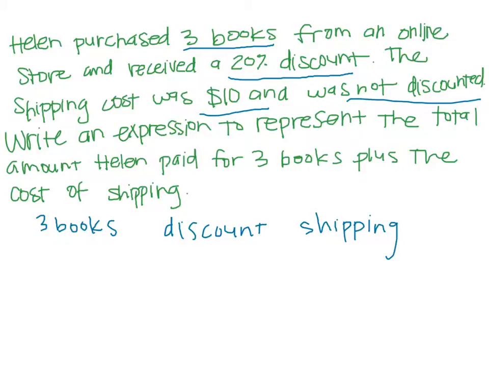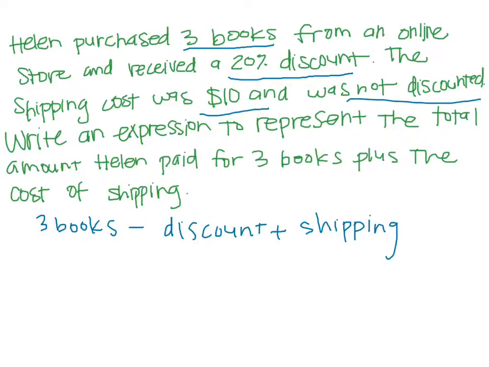Now I need to decide if I'm adding the discount, subtracting the discount, adding or subtracting the shipping. So a discount is where money is taken away from the initial cost. So you're subtracting it away from the initial cost. So I'm going to do 3 books minus the discount. And then shipping is extra money she has to pay, so we're going to add it. So my expression will be the 3 books minus the discount plus the shipping.